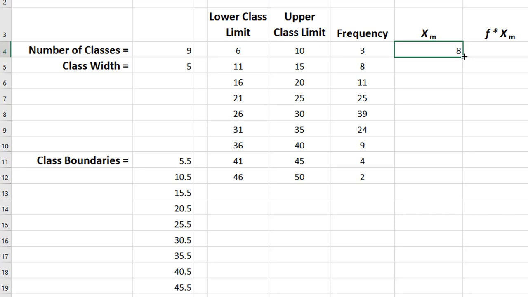In other words, I want them to update as I drag and drop down. So let's do that, and you'll see that this represents all the class midpoints. In other words, 6 plus 10 is 16, divided by 2 is 8. 11 plus 15 is 26, divided by 2 is 13.